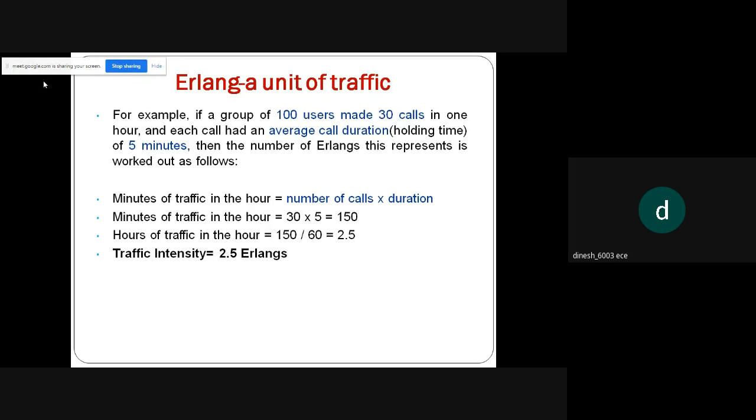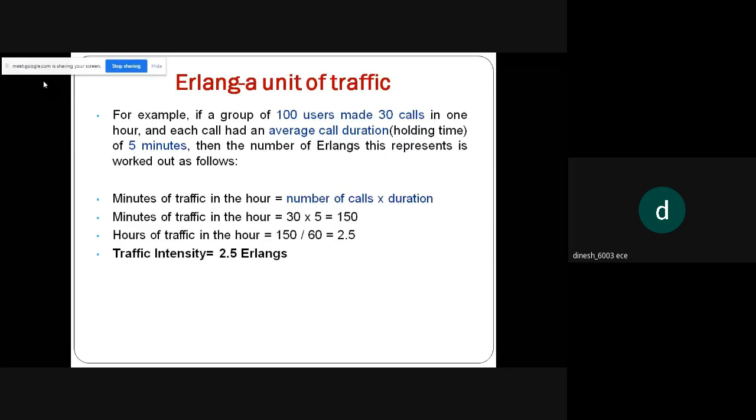The minutes of traffic in the hour can be calculated by number of calls into duration. Now, there are 30 calls in an hour being made. So how much duration does each and every call have? It is for 5 minutes.